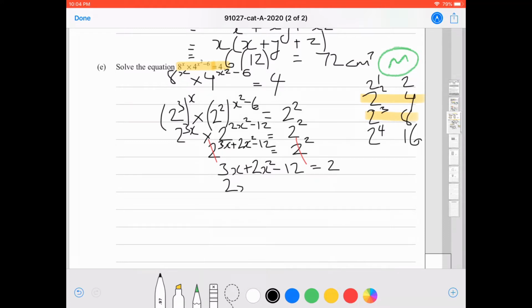We've got 2x squared plus 3x, and then minus 12 minus 2 is minus 14, and it's equals to 0. Okay, so we have to solve this quadratic.